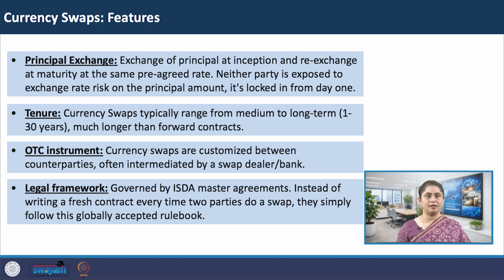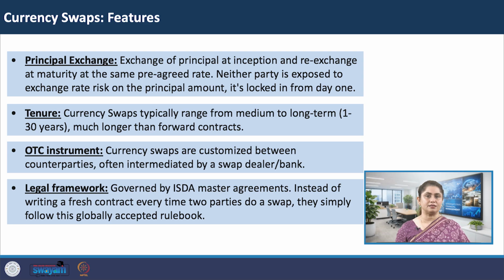They can be tailored to exact requirements. There is no need for exchange listing and there is no standardization. But there is something to follow, and that is the ISDA Master Agreement, which is a standard rule book that both parties agree to follow before entering into any swap deal.